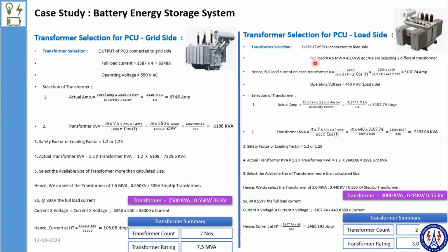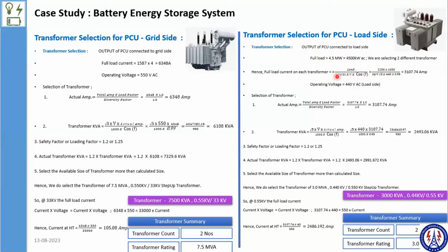And on the other hand, PCU to load side. PCU to load, okay, you are directly connecting to the load. Each PCU is 4.5 megawatt, selecting 2 different transformers for 2 different PCUs.